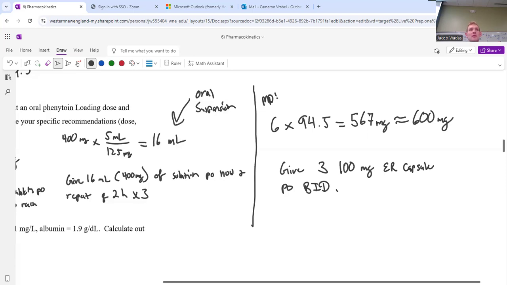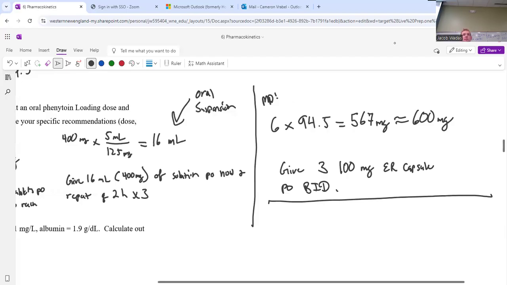So if your dose is 300, you can give it at once. But if your dose is 400, then you have to split it up, BID. That's how I would explain it: 300 is the max. If you have 800, you can do 400 BID.